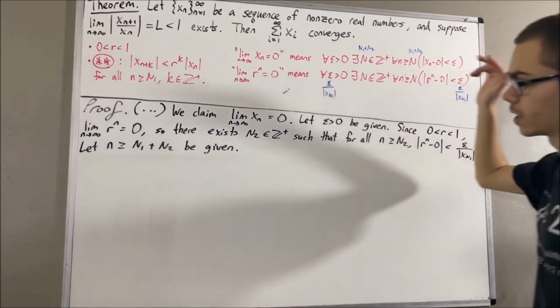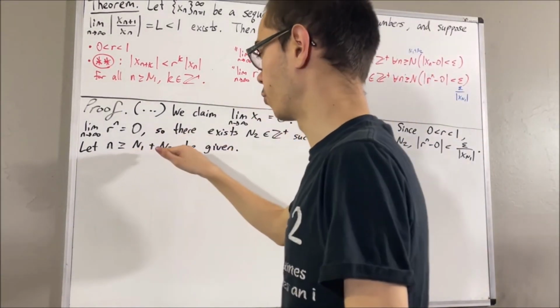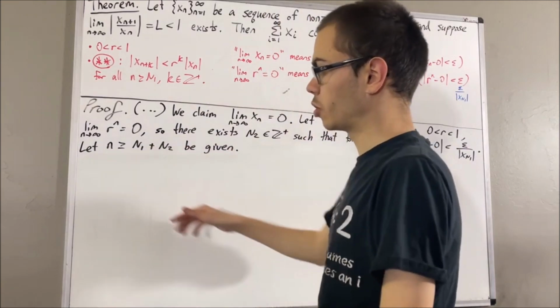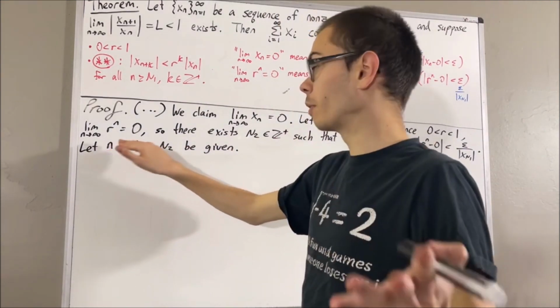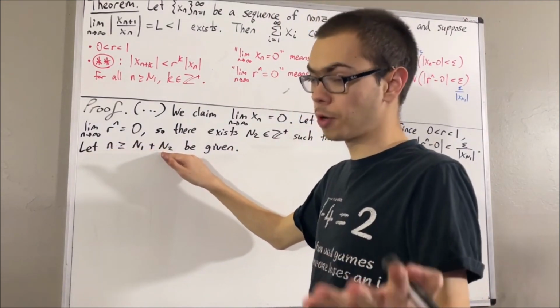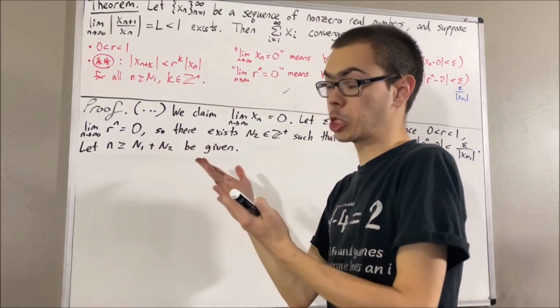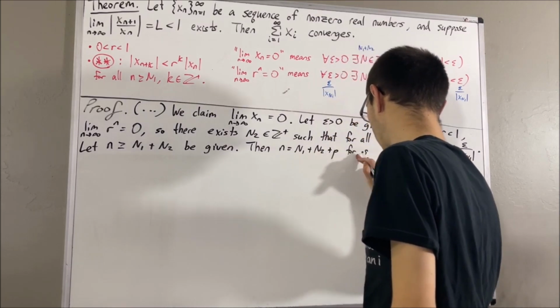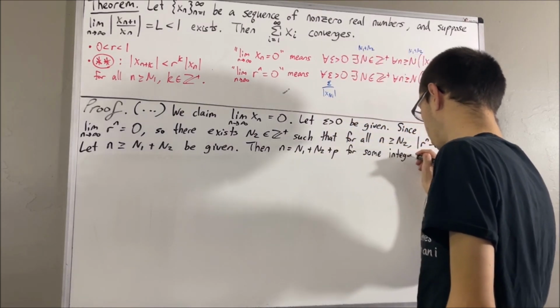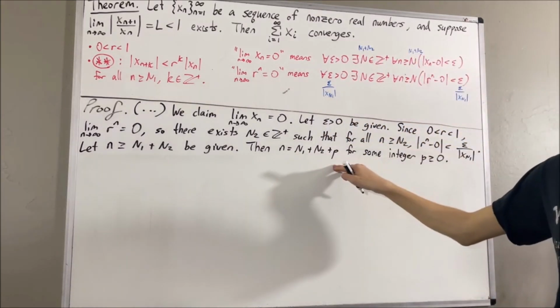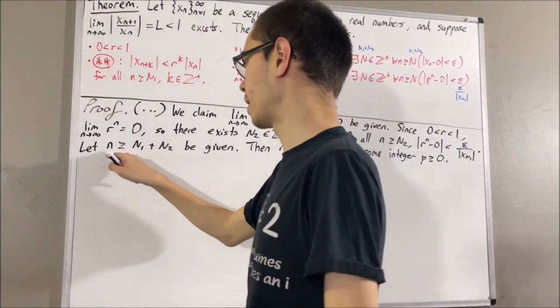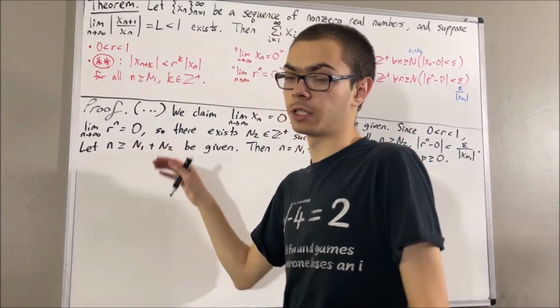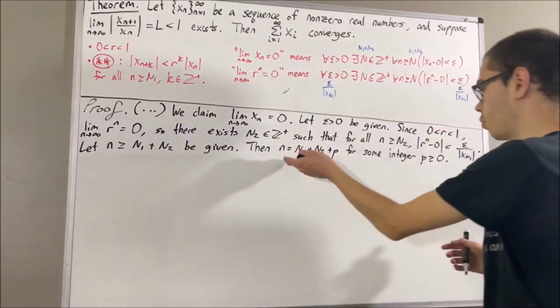Now, since n is greater than or equal to capital N1 plus capital N2, this means we can write n in the form capital N1 plus capital N2 plus p for some integer p greater than or equal to 0. In fact, p would just be equal to n minus capital N1 minus capital N2. But we're just going to write this.